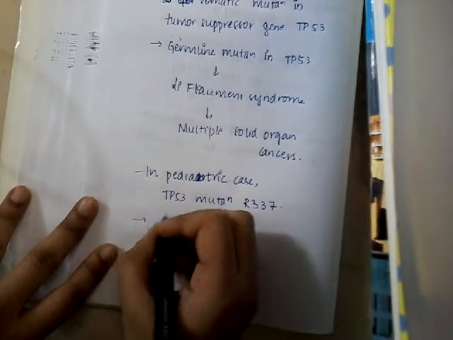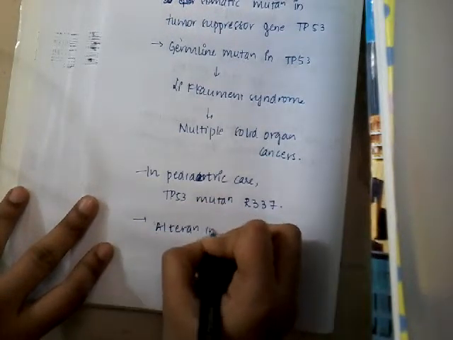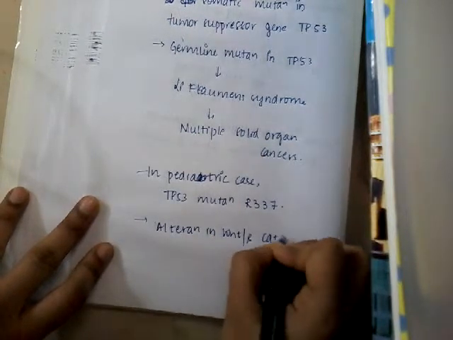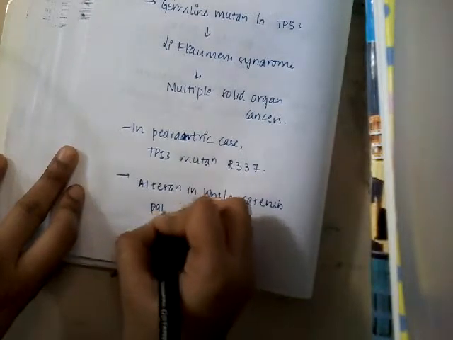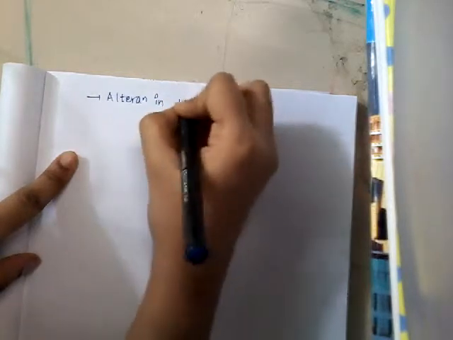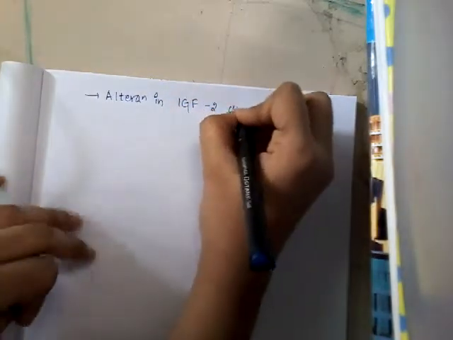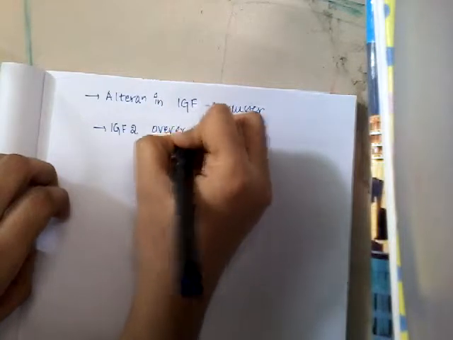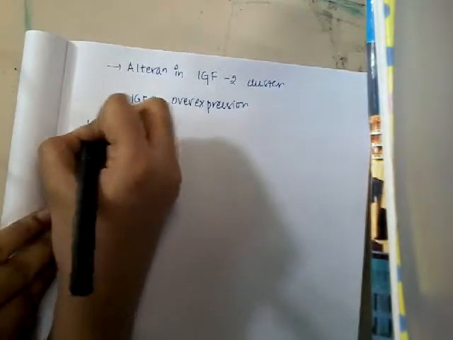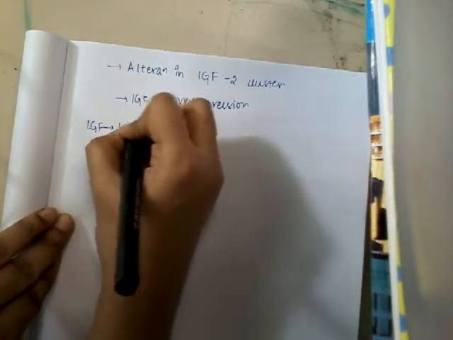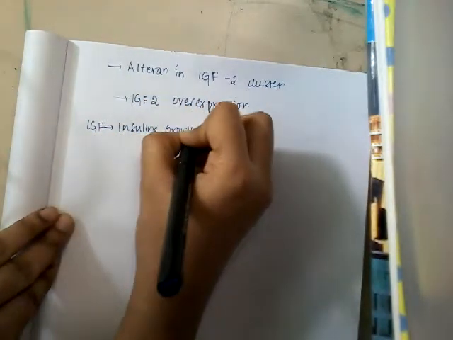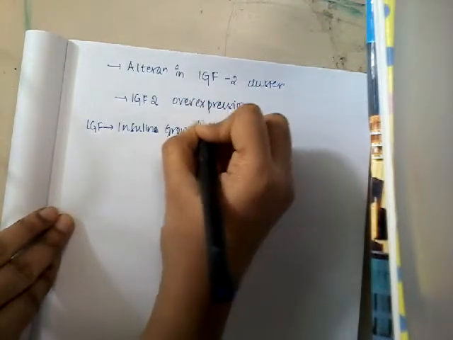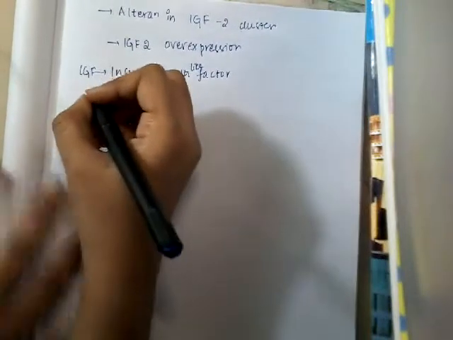And there is also evidence that alterations in the WNT beta catenin pathway may cause adrenocortical carcinoma, and also alterations in the insulin-like growth factor 2 cluster, and IGF-2 overexpression can also cause this adrenocortical carcinoma.